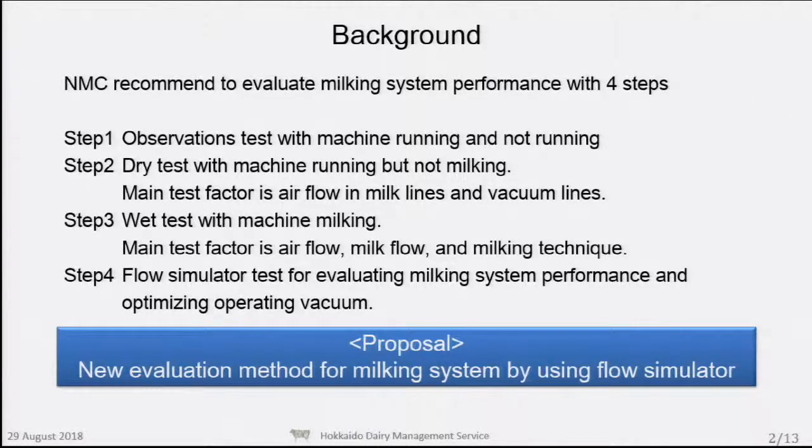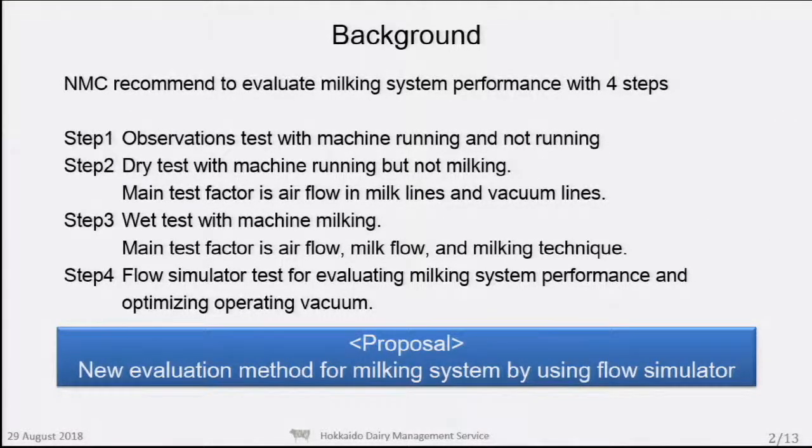Background: the NMC, National Mastitis Council, recommends evaluating milking system performance in 4 steps. Step 1, observation test with machine running and not milking. Step 2, dry test with machine running but not milking.